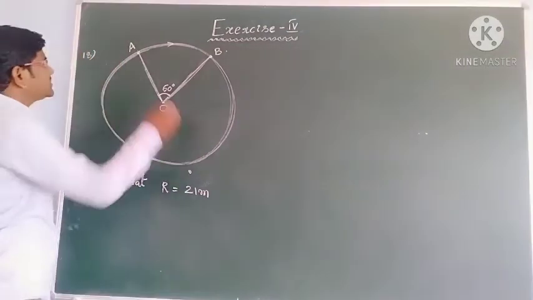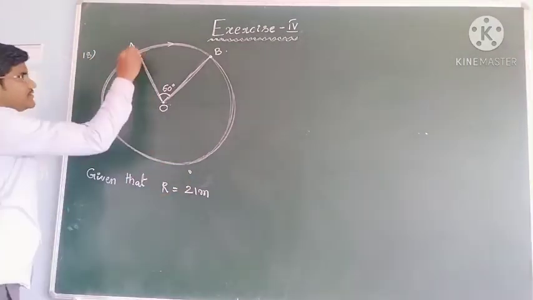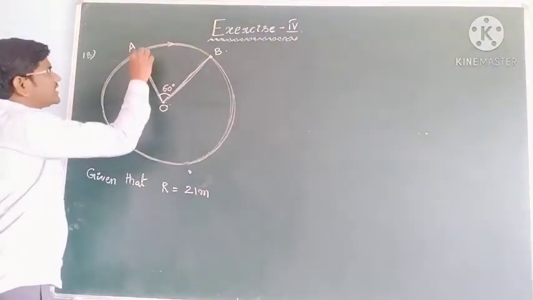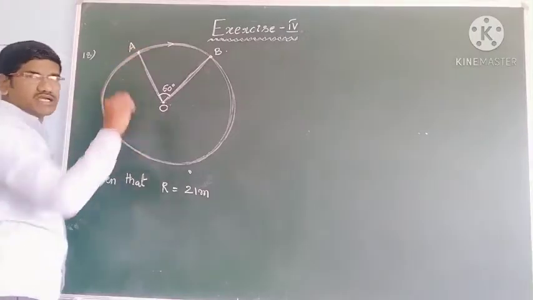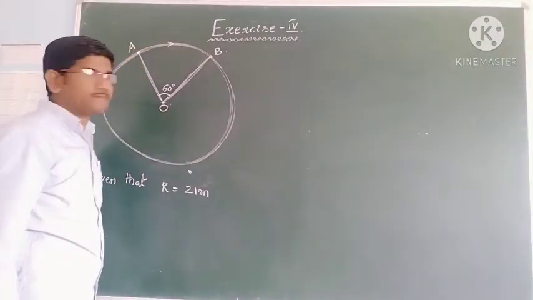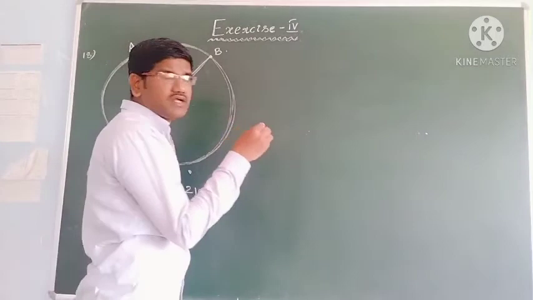We know that if the object starts at A and completes one circular path, then distance is 2 pi r. So remember this point, students.